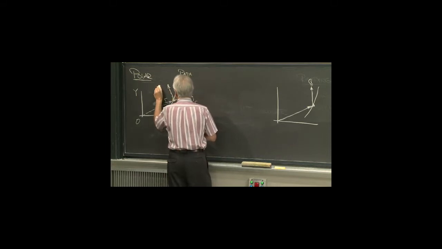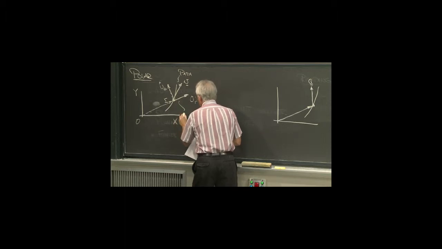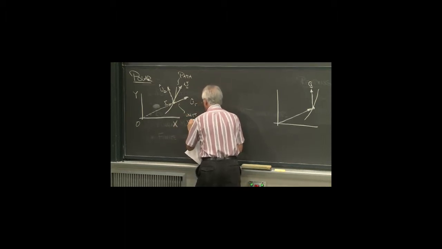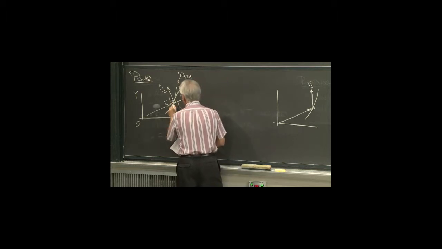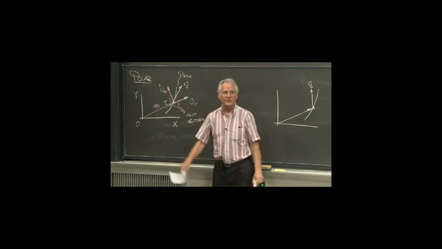I'm going to call this one u sub theta. Now, I hope it's clear to people. There's one of them, and here's the other. Okay, u sub r and u sub theta.